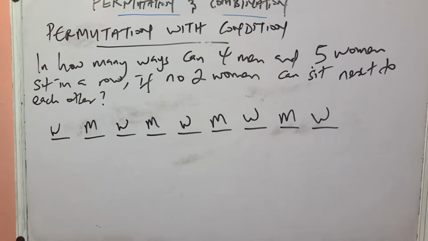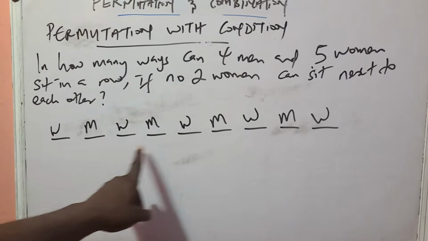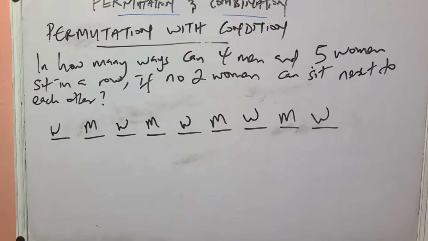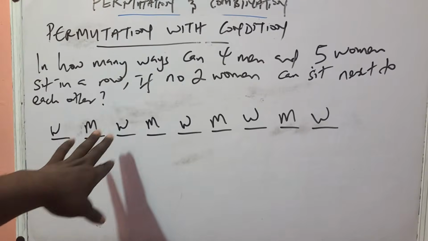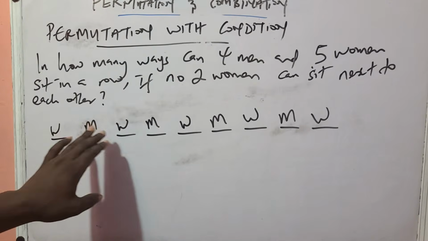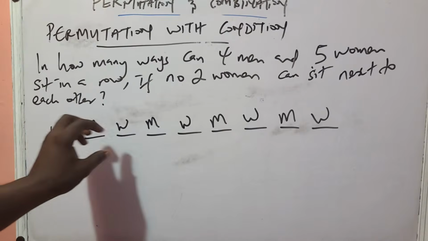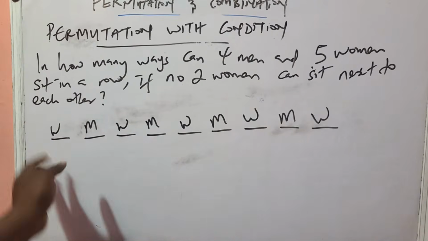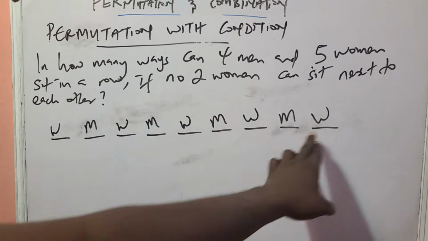So the better way to ask this now is, in how many ways can this happen? Look at it: 1, 2, 3, 4, 5. We have 5 different women. If you want to ensure they cannot sit next to each other, all you have to do is keep permuting these 5 seats.